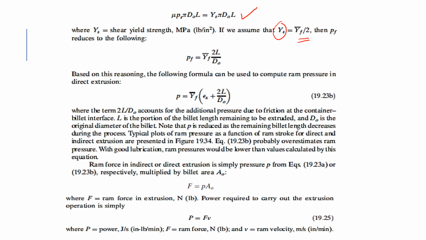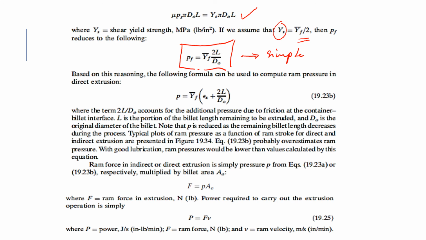Okay, PF equal to YF times 2L over D naught, so that we can simplify the equation for the PF. Okay, so then based on the reasoning, the following formula can be used to compute ram pressure.